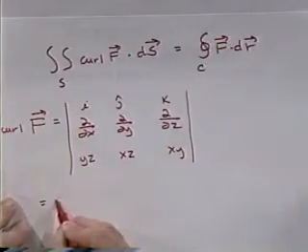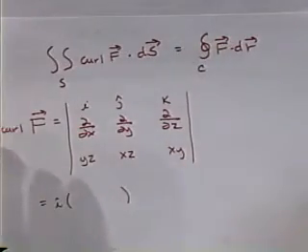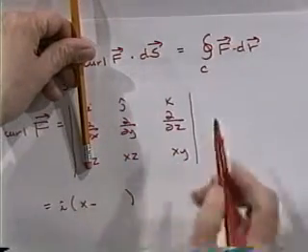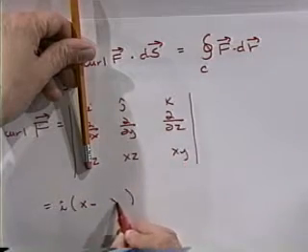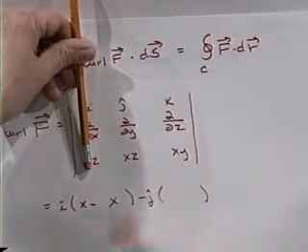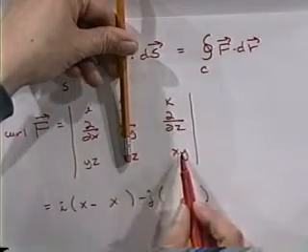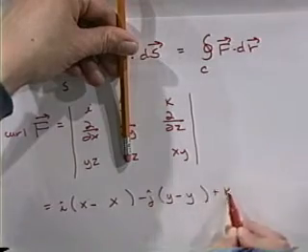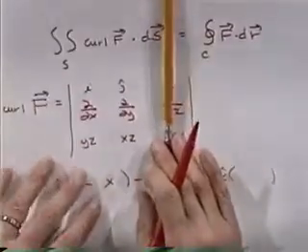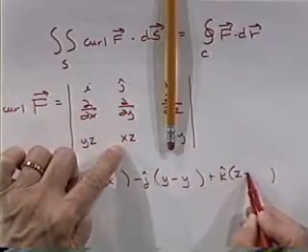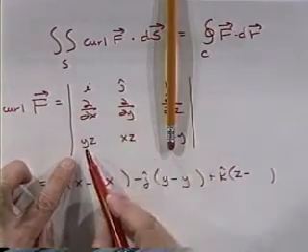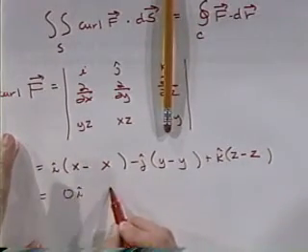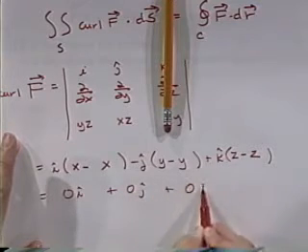That gives me i times the partial with respect to y of xy, which is x, minus the partial with respect to z of xz, which is x; minus j times the partial with respect to x of xy, which is y, minus the partial with respect to z of yz, which is y; plus k times the partial with respect to x of xz, which is z, minus the partial with respect to y of yz, which is z. I'm getting 0i plus 0j plus 0k.